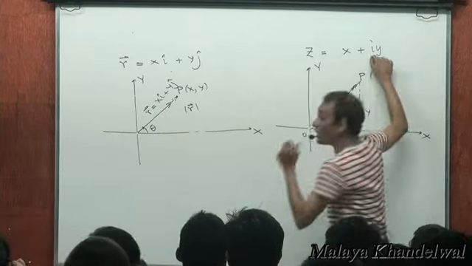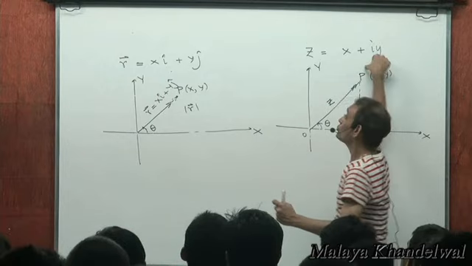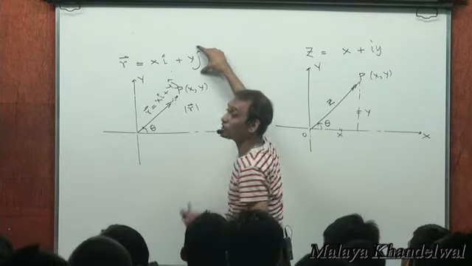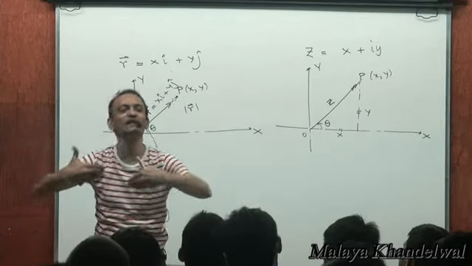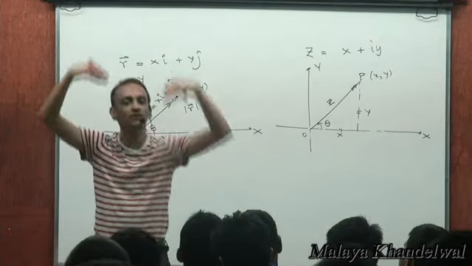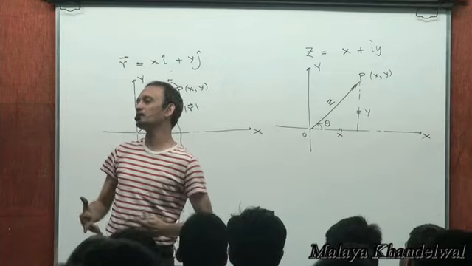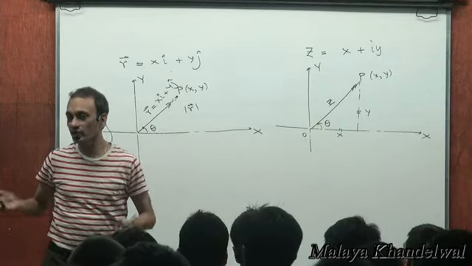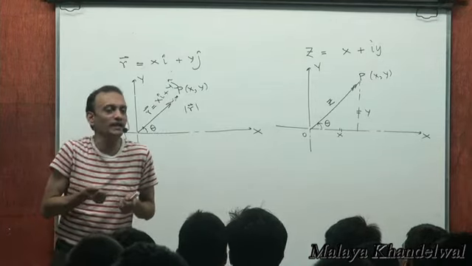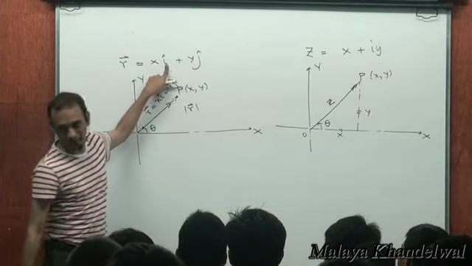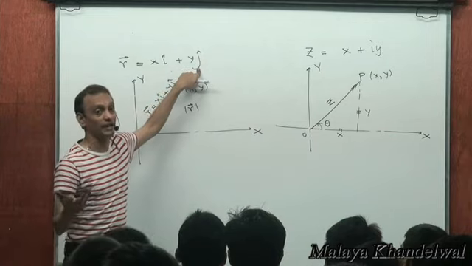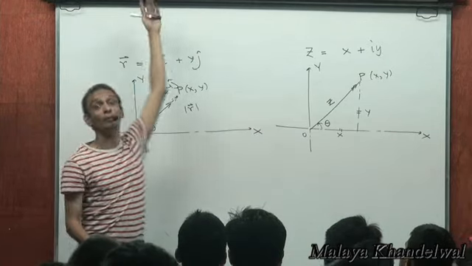This involves an arithmetical operator i. This involves i cap and j cap. Those are notional operators, just telling you move x units along the x-axis, y units along the y-axis. You can't say what is i cap into i cap. You have defined operations like i dot i and i cross i, but there is nothing like i cap into i cap. There is nothing like j cap into j cap. There is nothing like i cap to the power i cap.